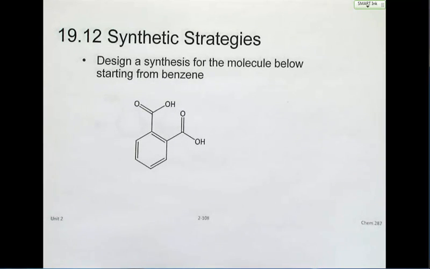Here's an example problem. If you want to try to work on this for a second, see how you might accomplish this from benzene.